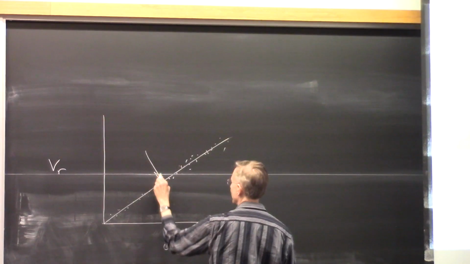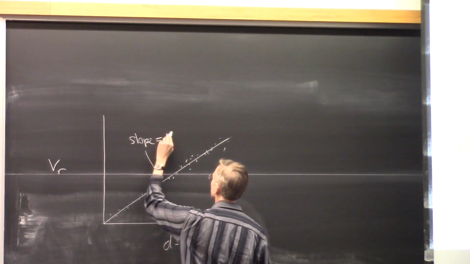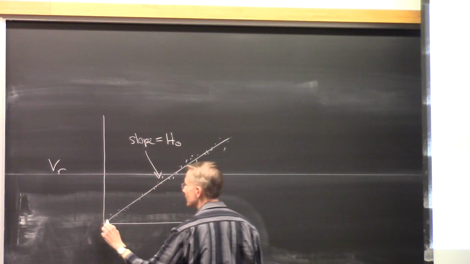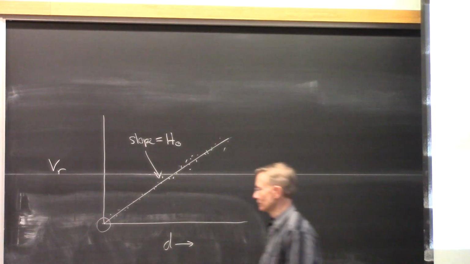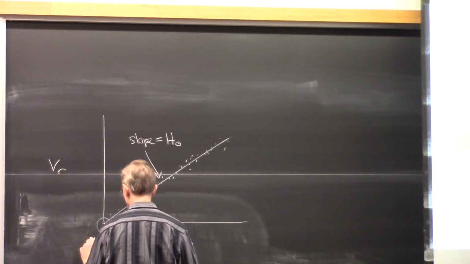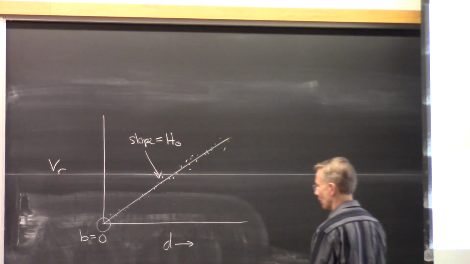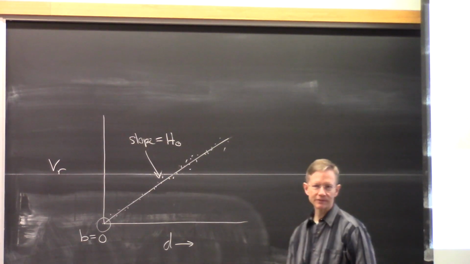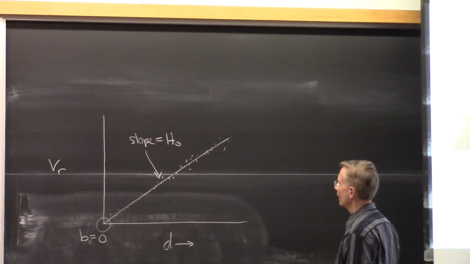And the slope of that. And the intercept, what's the y-intercept? Looks like to be about 0, right? So the y-intercept, there's 0. I mean, after all, we're not receding from ourselves. So the figure goes through 0.